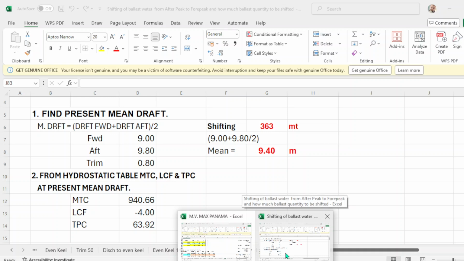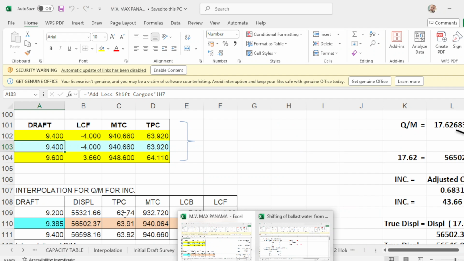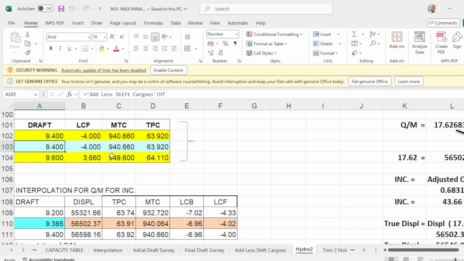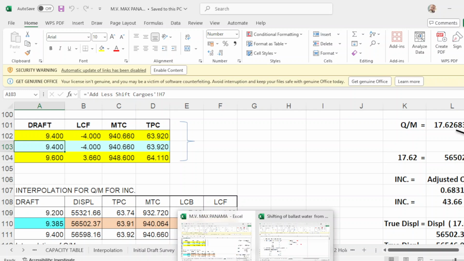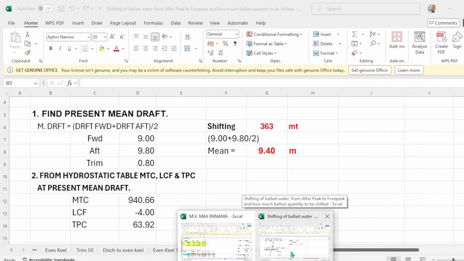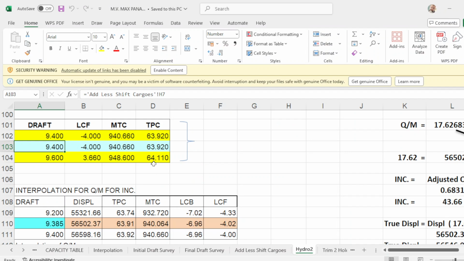Confirm. MTC is 940.66. Okay, TPC is 63.92, at the mean draft of 9.40.